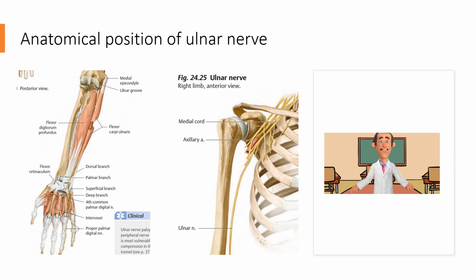Now the anatomical position of the ulnar nerve. As we all know, the ulnar nerve originates from the medial cord of the brachial plexus, and it descends medially along the arm, then passes down to the medial epicondyle of the humerus, and through the ulnar groove it enters the forearm, innervating flexor carpi ulnaris muscle and flexor digitorum profundus muscle.